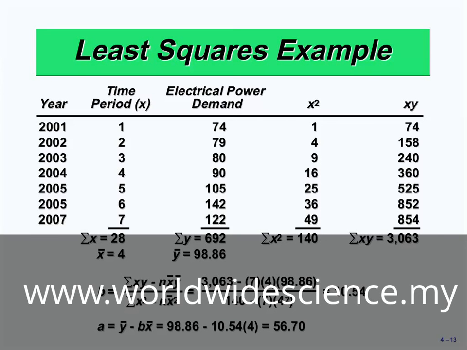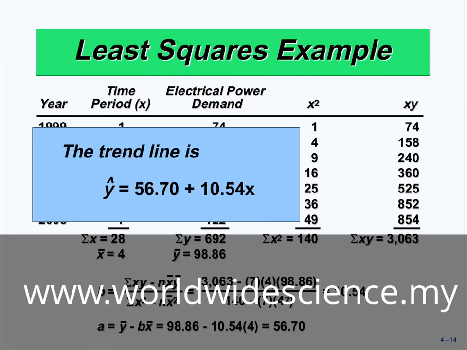Okay, we have already calculated A and B. As I told you, A and B are two constant numbers. Now, in the main formula, we should replace these. The trend line or the least square method gives you a formula for forecasting the electrical power demand for next years.